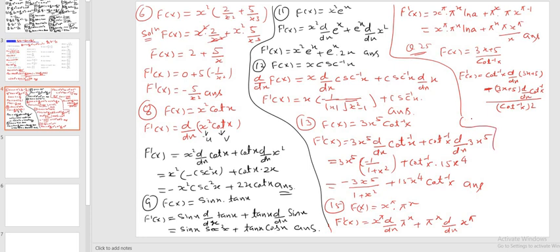Just simplify it. f dash x is equal to cotangent inverse of x, and d dx of 3x plus 5 is 3, minus 3x plus 5, and d dx of cotangent inverse is minus 1 divided by 1 plus x square, whole divided by cotangent inverse of x power 2. Just simplify whatever you have, that is your answer.